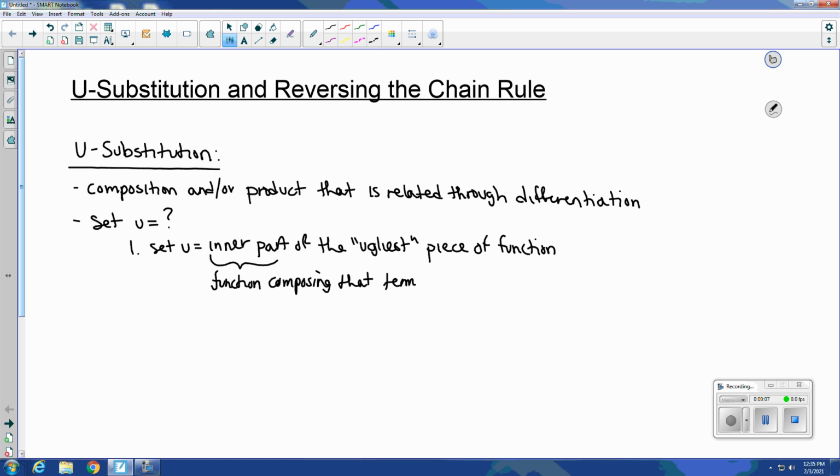Now, it may be difficult to recognize in some cases, because these two pieces that are being multiplied together, that we think we need a u substitution for, we can't decide which one's uglier than the other. They look pretty much the same to us.